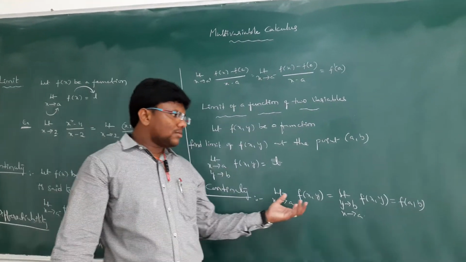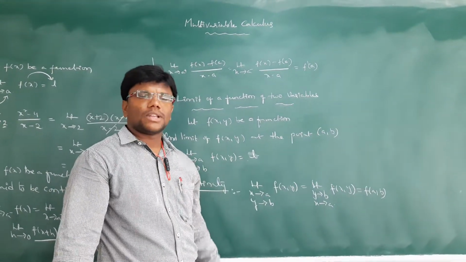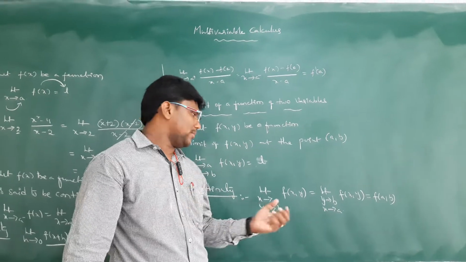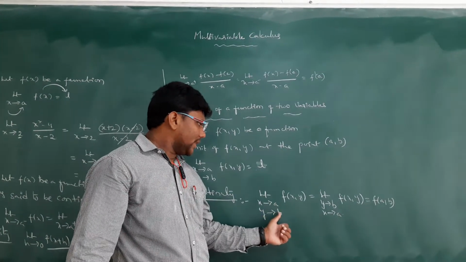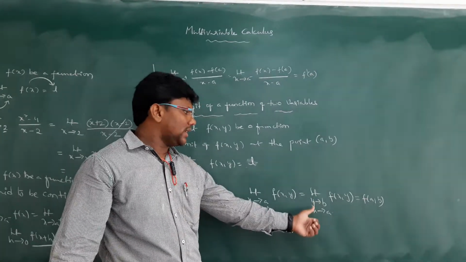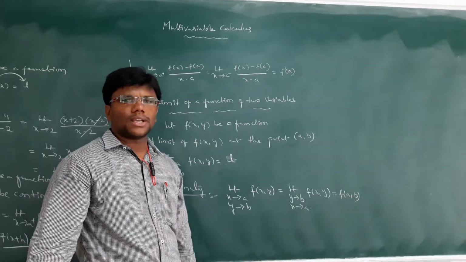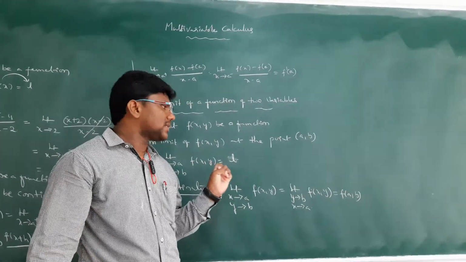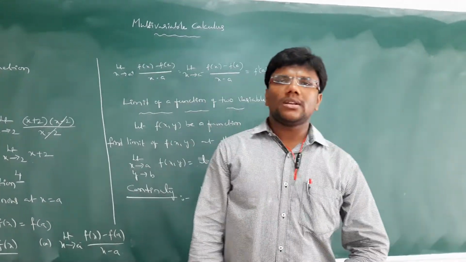If these three values are equal, then f of x comma y is said to be continuous at the point a comma b.